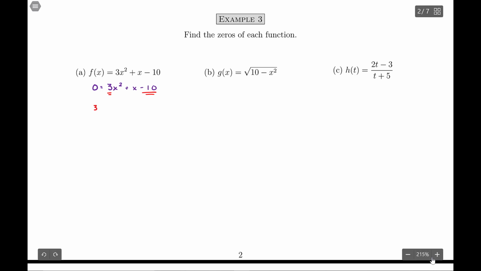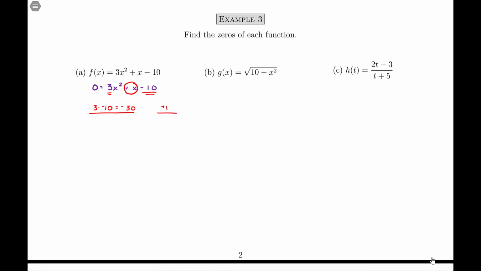So 3 times negative 10 is equal to negative 30. And then we look at our middle coefficient, which in this case is positive 1. We are looking for factors of negative 30, in other words, two numbers that multiply to give me negative 30, but when I add those two numbers, they equal positive 1.